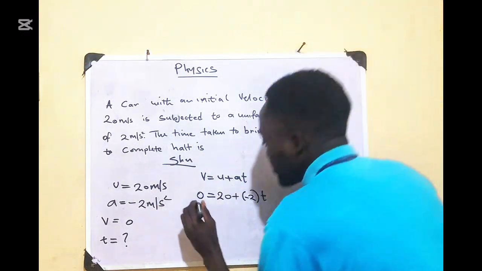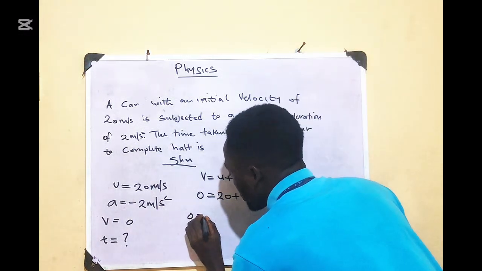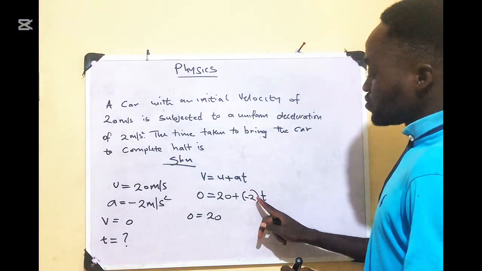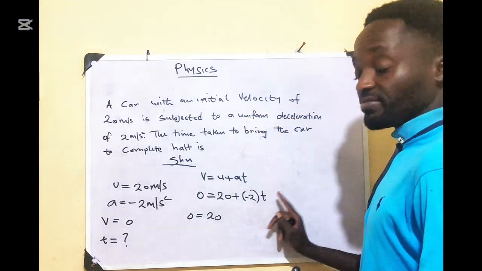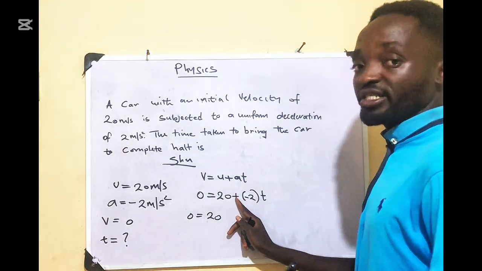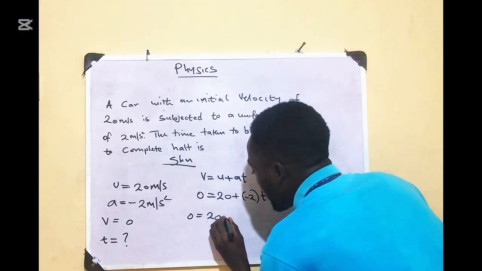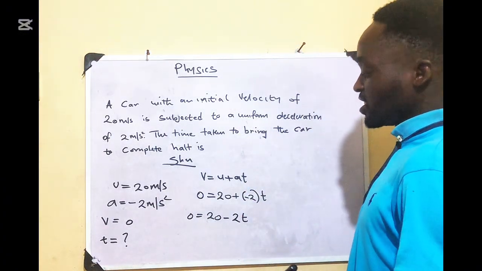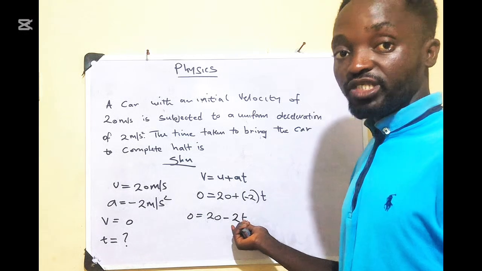So from here we have 0 is equals to 20 minus 2t, because minus 2 times t is minus 2t. What we want to do is make t the subject of the formula.